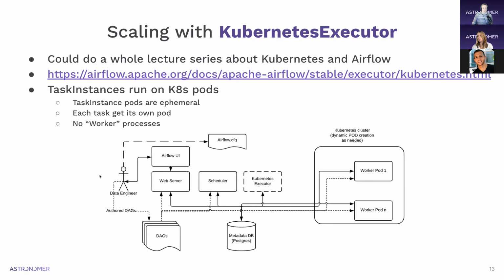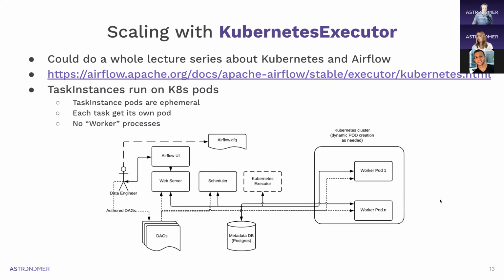A high-level overview is we have this cluster on the right that has the worker pods, and that connects to the database and the scheduler and the Airflow components, right? And so I would say the only thing that we really need to know for this talk is this cluster on the right, which actually runs the worker pods.